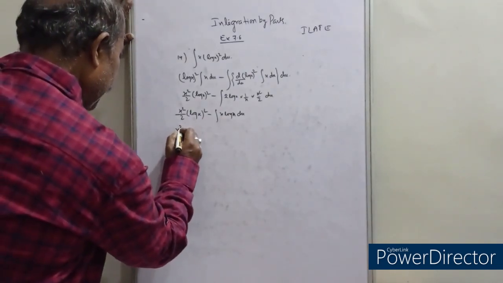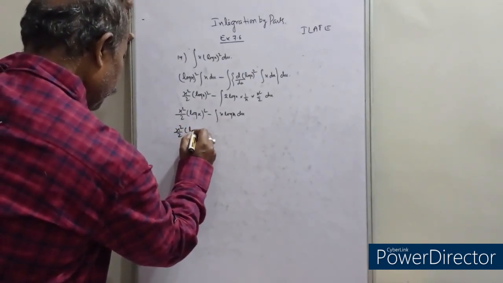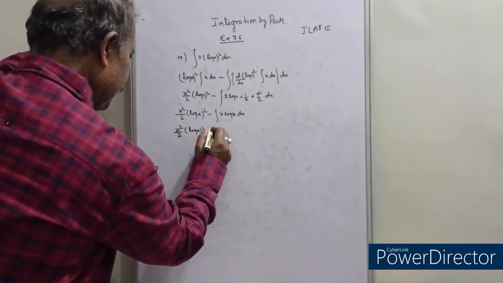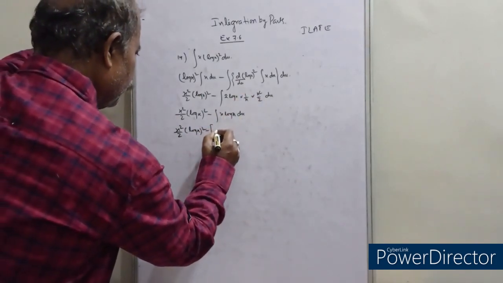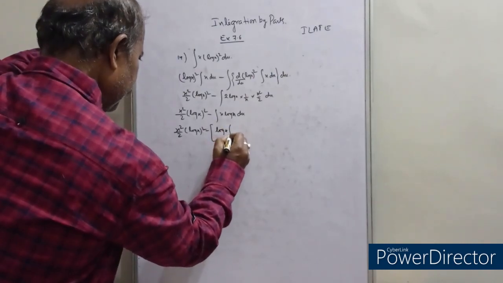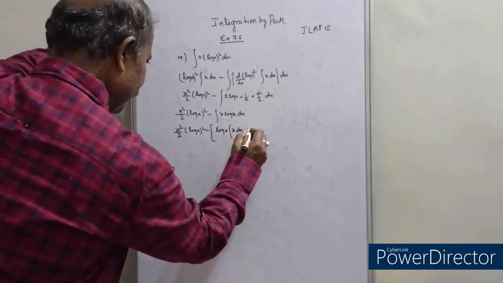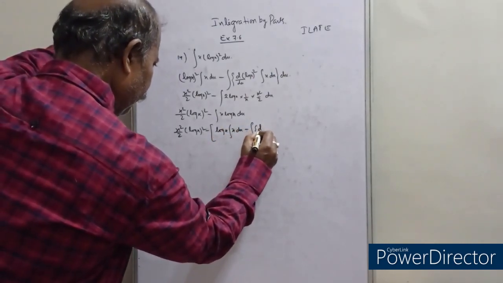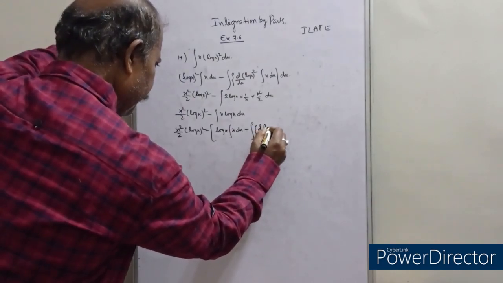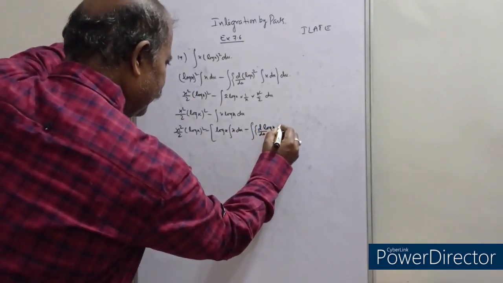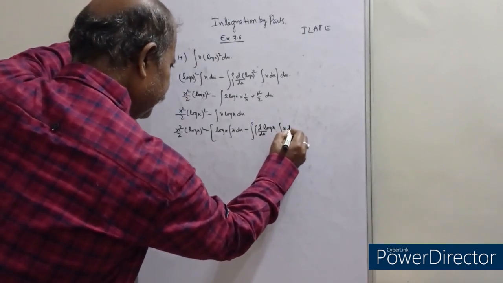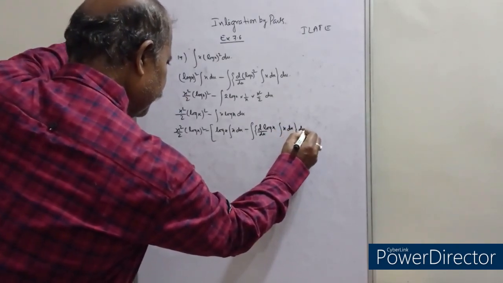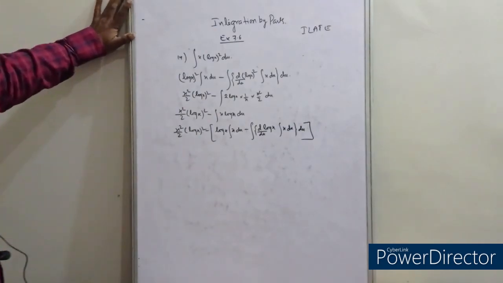So this comes out to be x square by 2 log x the whole square minus, so your log is your first function, log x integration of x dx minus integration of the differentiation of log x and then integration of x dx. So this is dx and the big bracket closes.